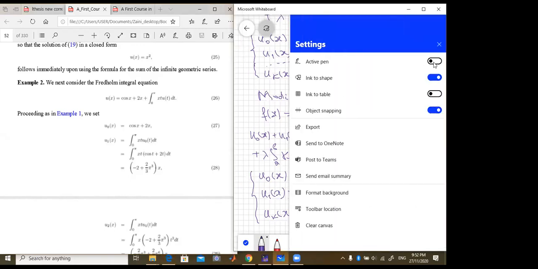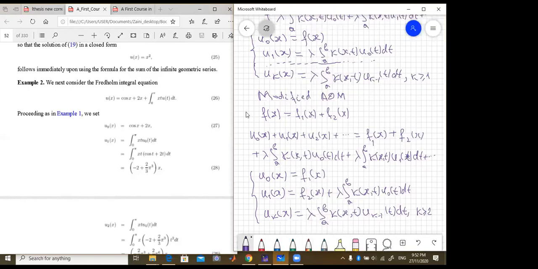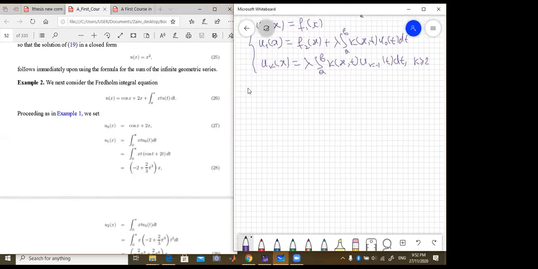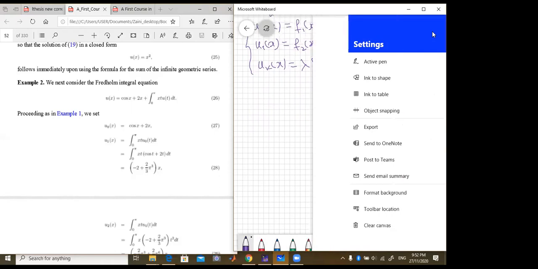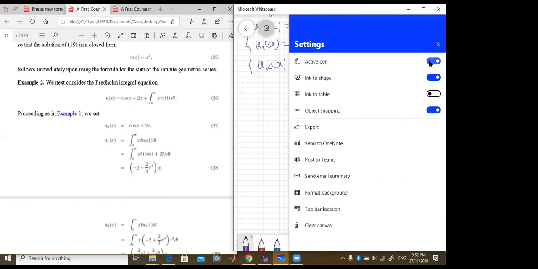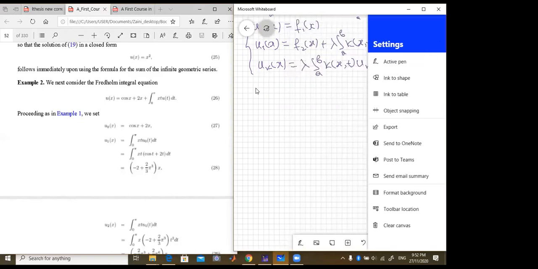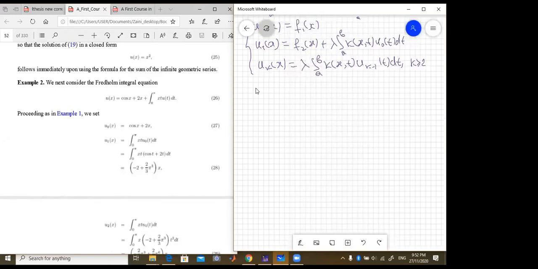So now let me show the example. Actually, this book is written in such a way mostly for beginners. Therefore, he gave very interesting examples, simple examples, and solutions.